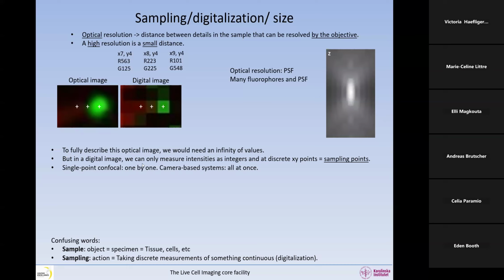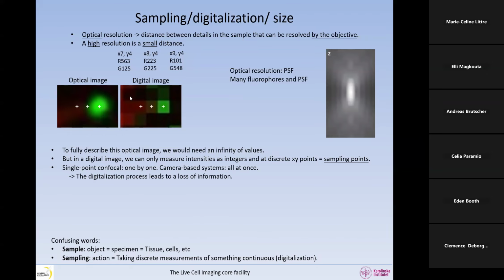Either we acquire the 2 colors simultaneously or one by one, but anyway, we get 2 numbers, one for the red and one for the green. Then in this second sampling point, we have another 2 values, and then more here. So we have 3 XY positions, and we have a value for each color.